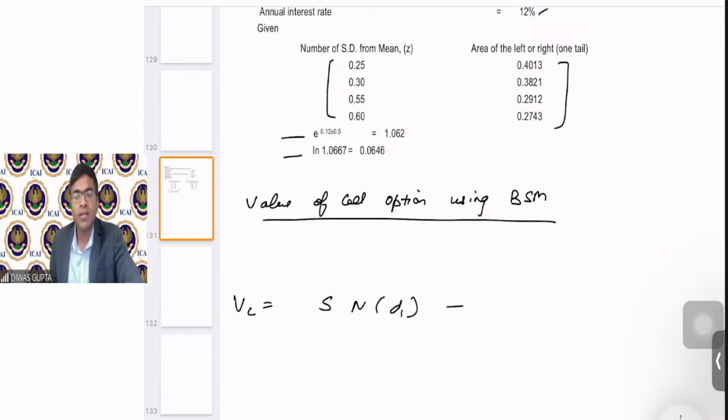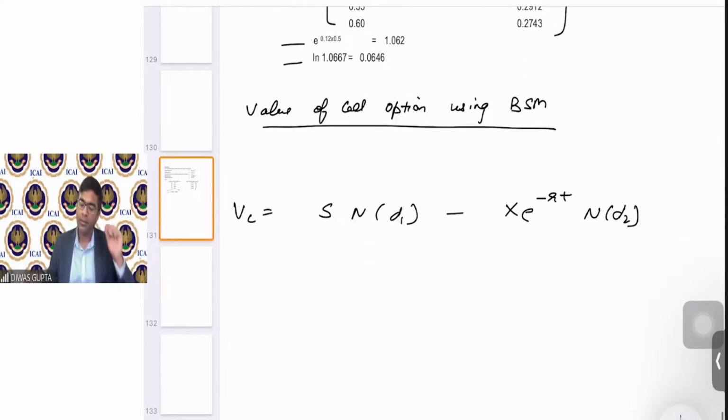Okay, so let's first put the formula here. Students, this is clear. Value of call will be equal to S, which is the spot price, multiplied by N(d1), minus X e raised to the power minus RT, which is the present value of the strike price, multiplied by N(d2).